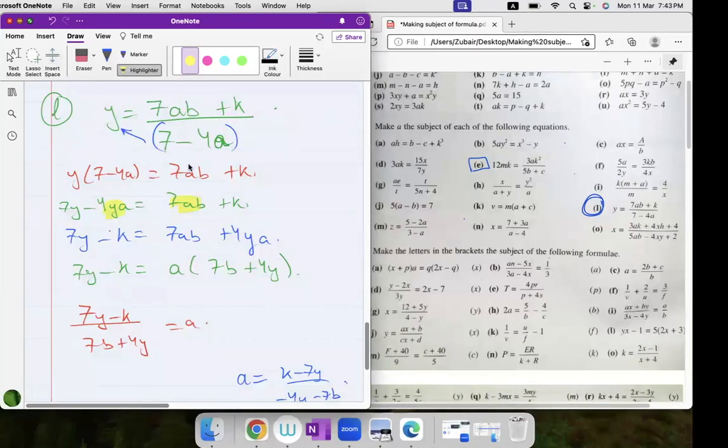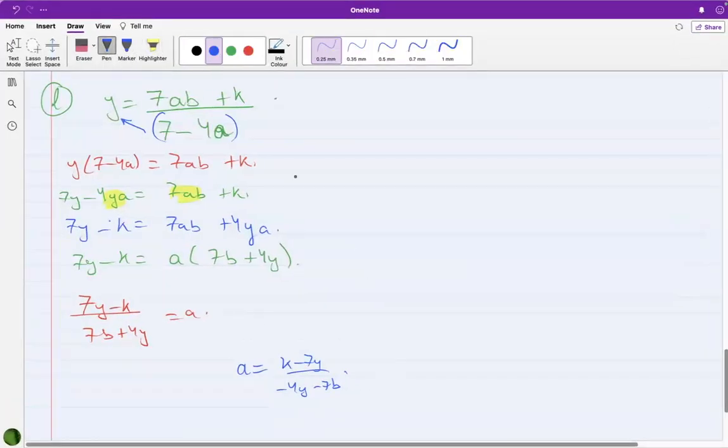What did you do to this step? I didn't bring it down. I just divided it by 7b, leaving a plus k. You cannot divide it because you have a positive sign there. Either you take it on the other side and subtract it.